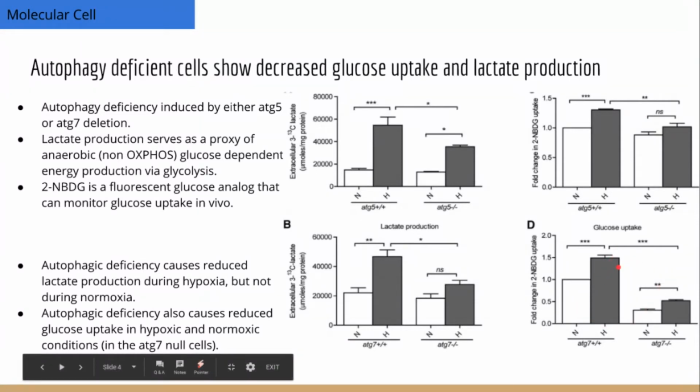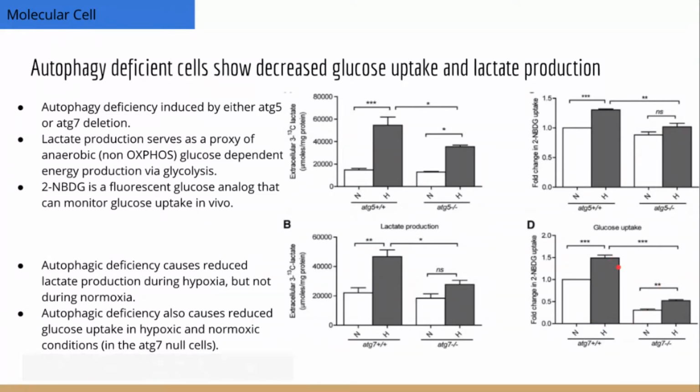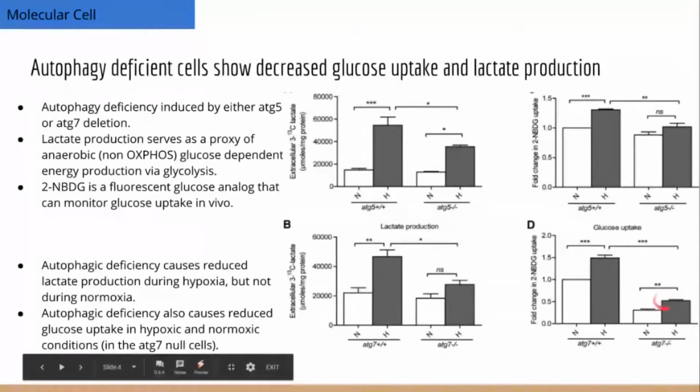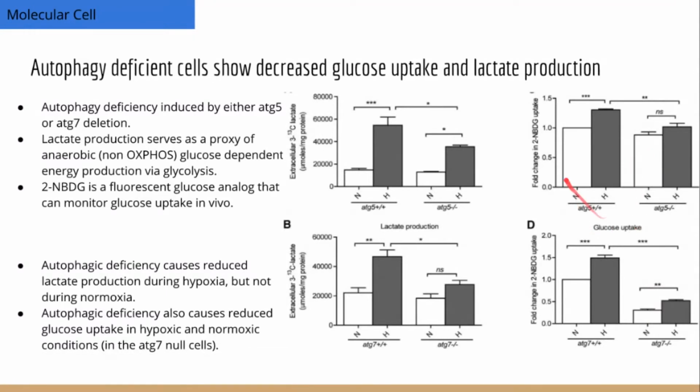So in these ATG7 deleted cells, glucose import was severely compromised in both normoxic and hypoxic conditions. So glucose is not getting into the cells when autophagy is deficient, which is by itself a very fascinating observation.